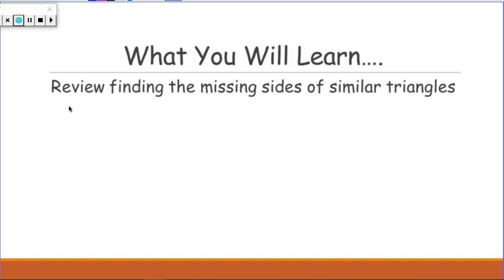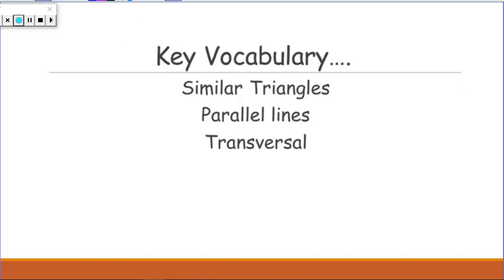What you're going to review is how to find the missing sides of similar triangles. Similar triangles means the ratios of the corresponding sides are proportional. I'm going to show you an example. It means the size changes, but the shape doesn't.